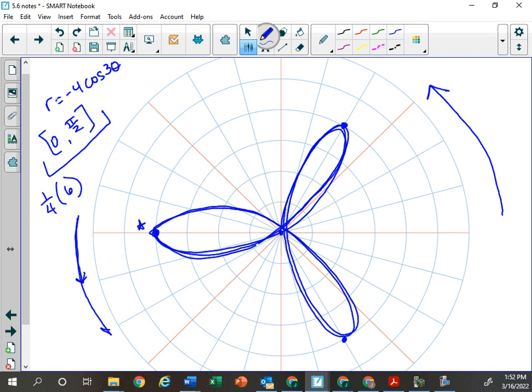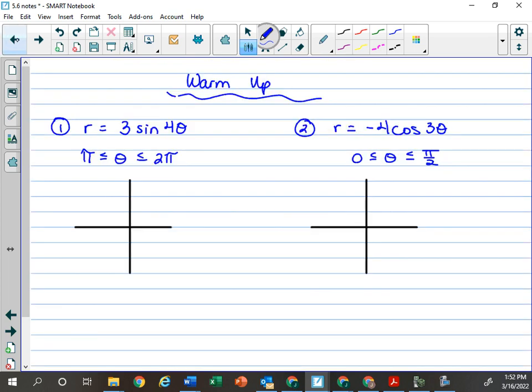It's not 6 different petals. When you have the odd value versus the even, like this is 8 different petals, right? And this is 6 petals, but not all different. 3 distinct. Does that help?